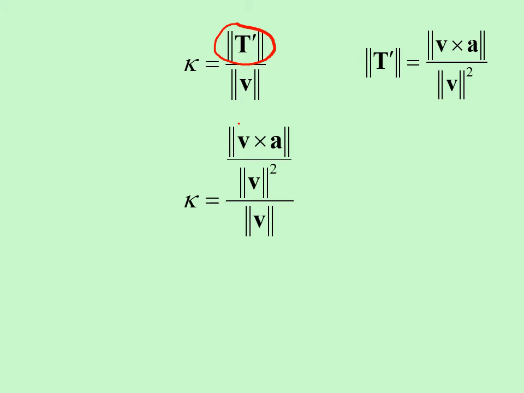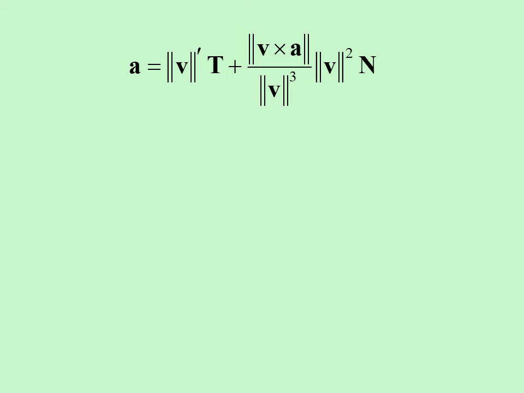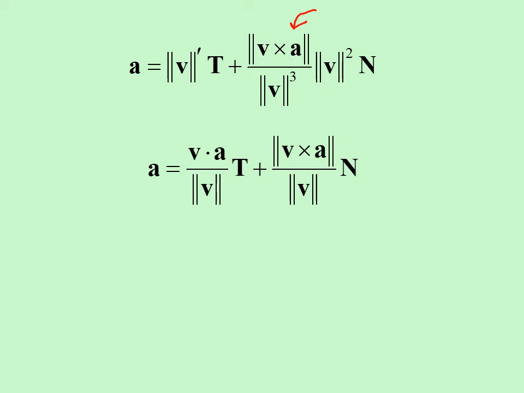And so we end up with this expression for curvature, which simplifies to this. So we'll put that back into our acceleration function and then simplify that. So we end up with another version of the normal component of acceleration.